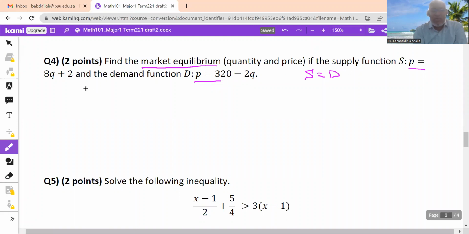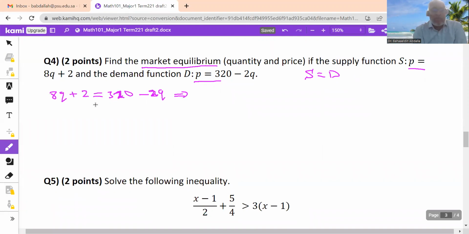Since the left-hand side is P in both, the right-hand side of the first equation, which is 8Q plus 2, should be equal to the right-hand side of the second equation, which is 320 minus 2Q. We just need to solve this equation for Q.